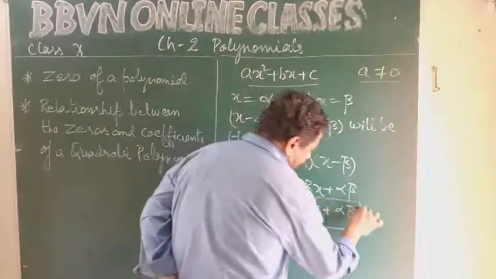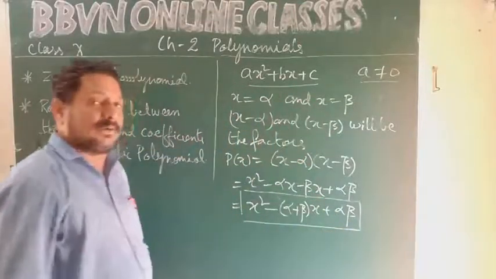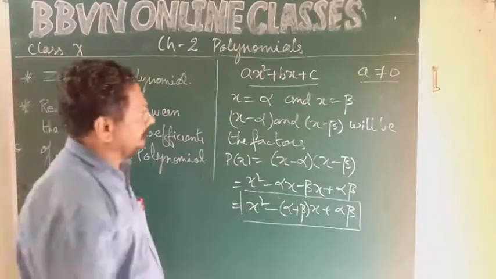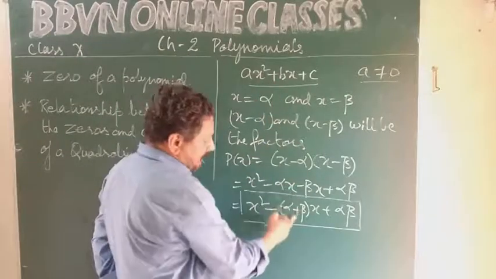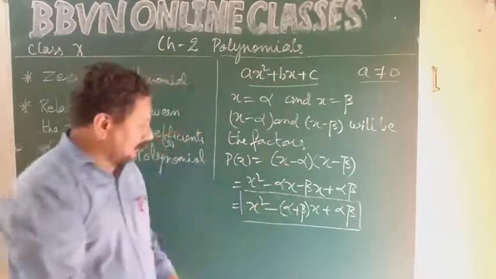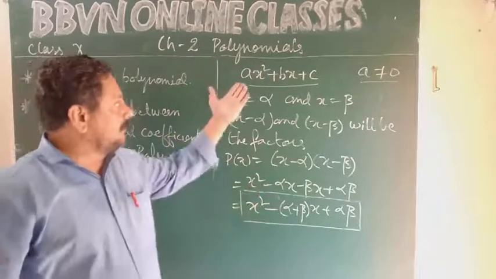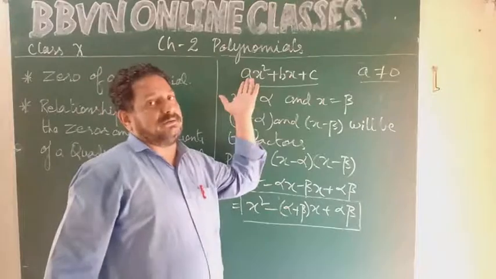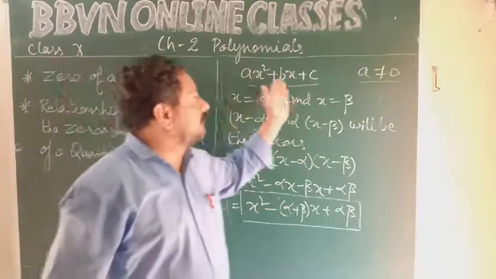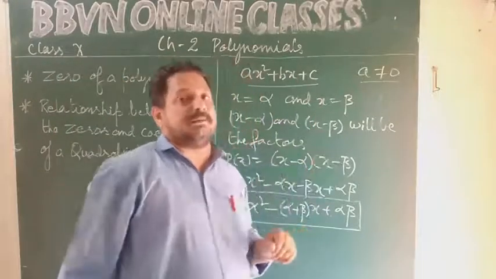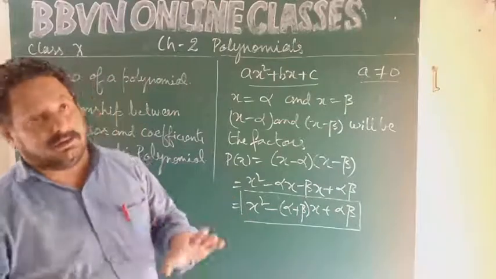This is the quadratic polynomial that we are getting. Let us compare these two. The coefficient of x square here is 1. We can make the coefficient as 1 by dividing this entire quadratic polynomial by a constant a.